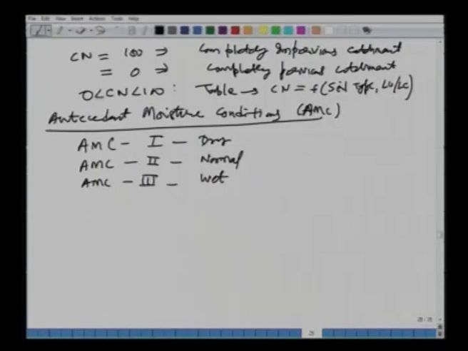And how do we characterize these 3 different AMCs? Well, they take the antecedent rainfall for the last 5 days. You look at the total, cumulative rainfall for the previous 5 days.